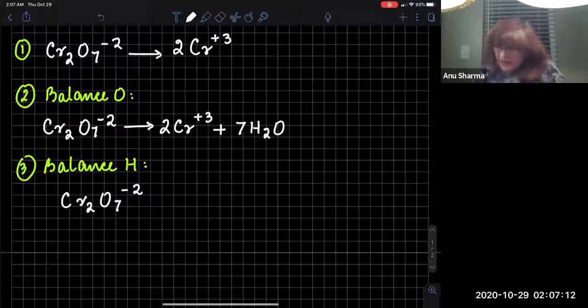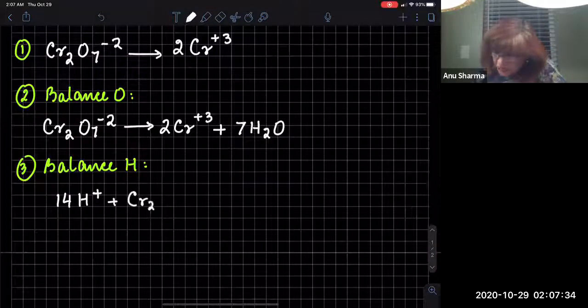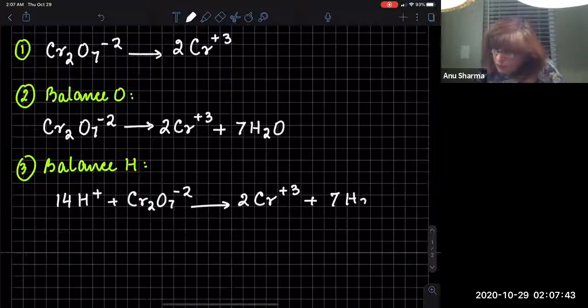Now we have 14 hydrogens, so we are bringing in 14 hydrogen ions on the left-hand side, plus Cr2O7 -2, and this gives you 2 Cr +3 plus 7 H2O.